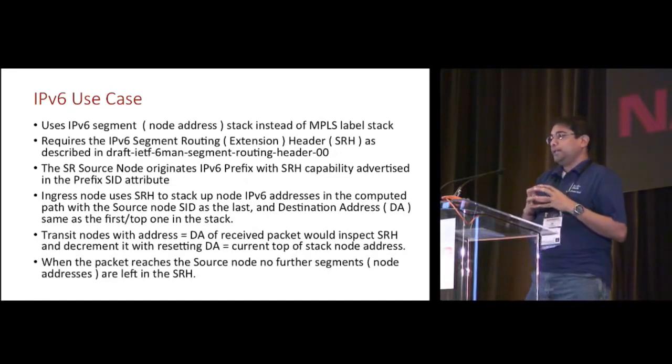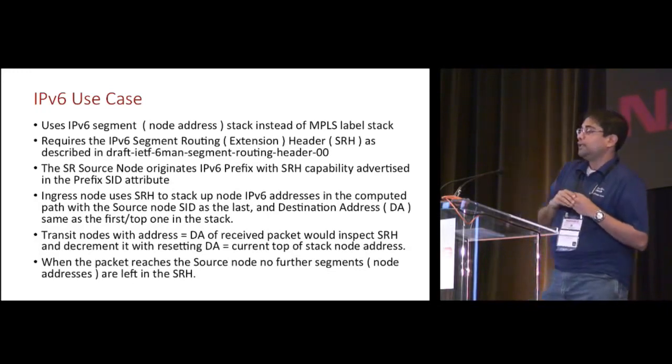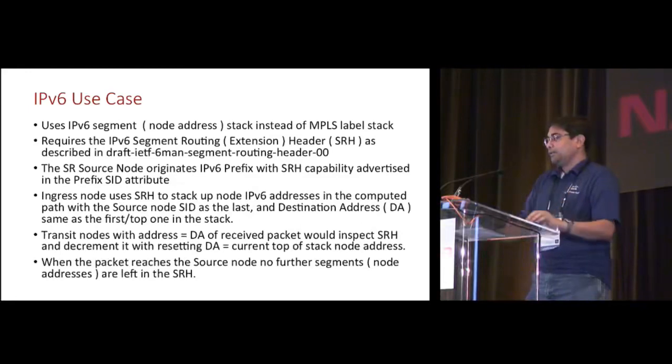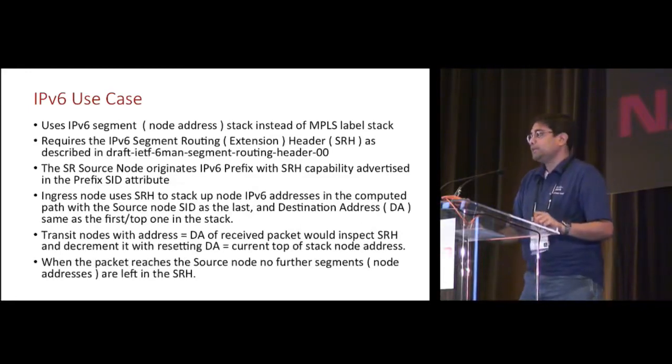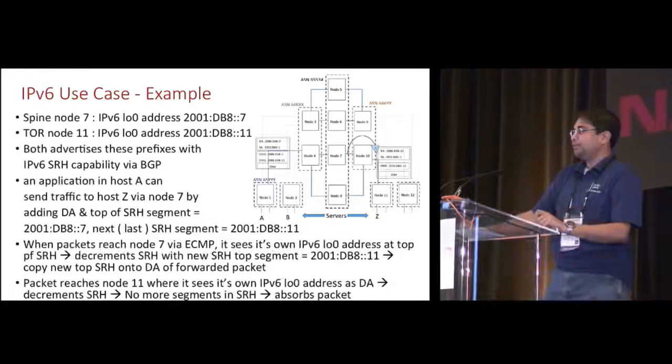Just like an MPLS enabled router would pop the label which it understands, and then pushes or swaps another level to take it to the next destination, in this case we have a segment routing header, which will have stacked IPv6 addresses, and the next diagram will clear it even further.